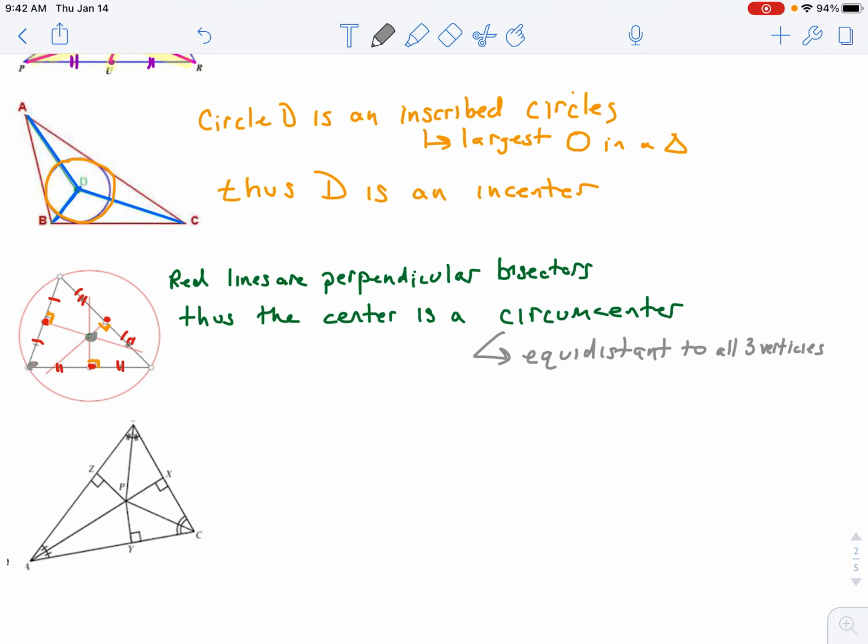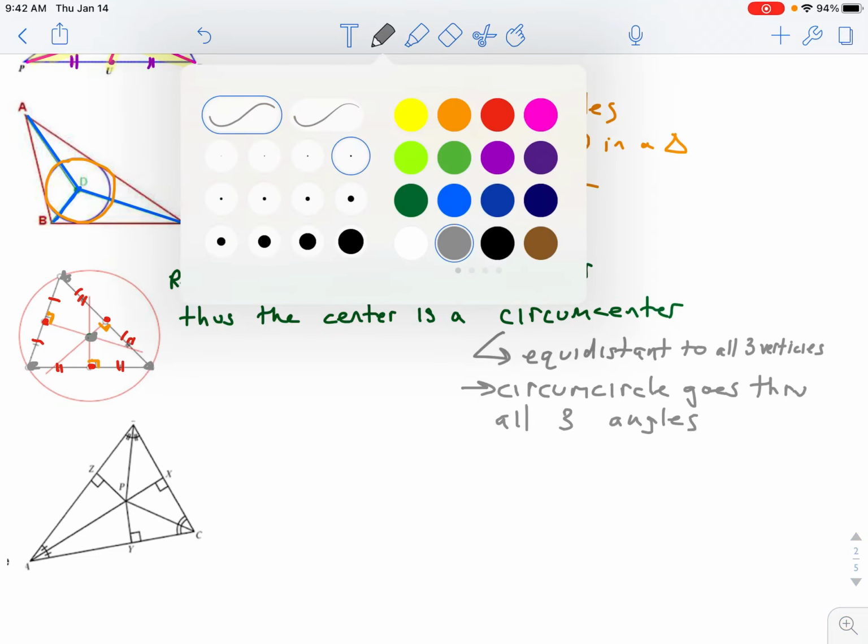So this center, every point on the triangle, and that's why the circumcircle goes through all three angles. And I think that's all I need to write for that.